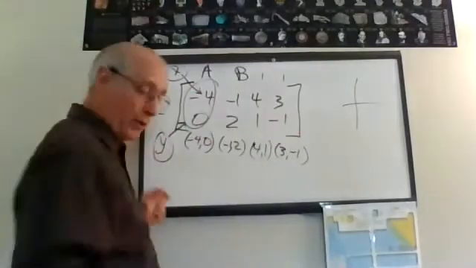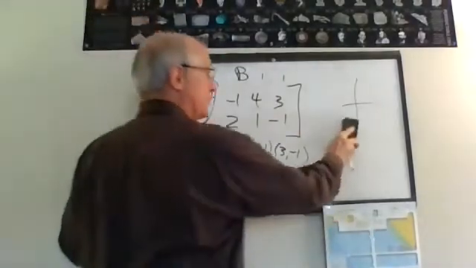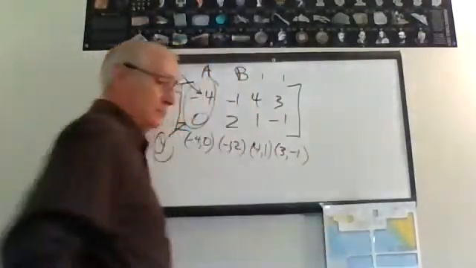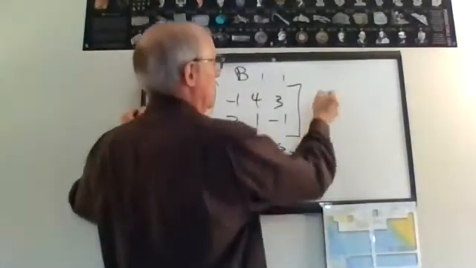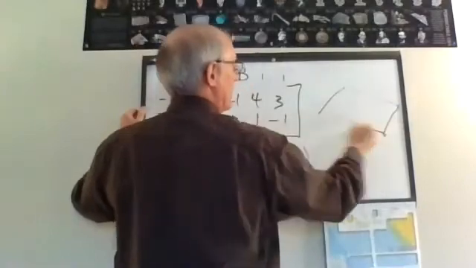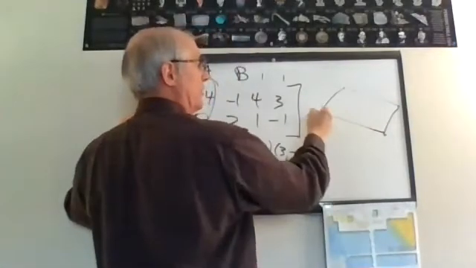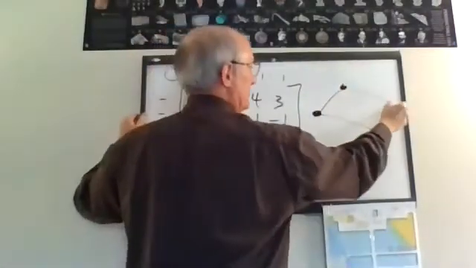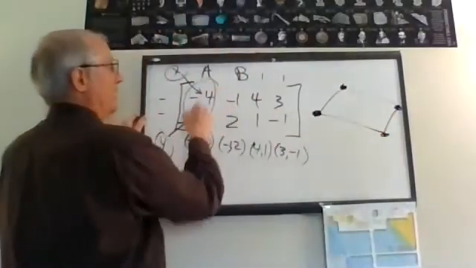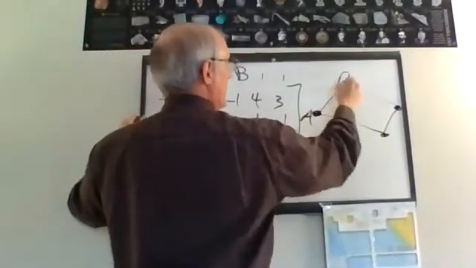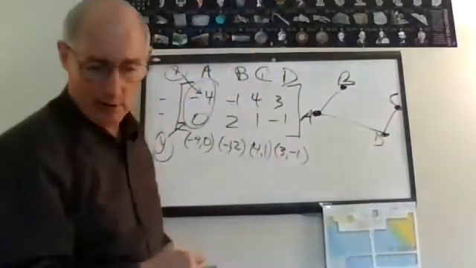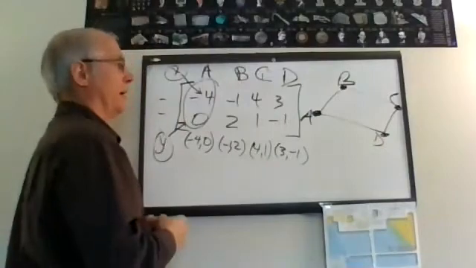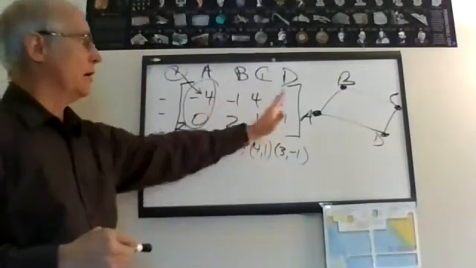So you know there's 4 points on this polygon. If it's 4 points on a polygon, you know that there are 4 vertices, and it's A, B, C, D. And it is a quadrilateral because it has 4 columns.